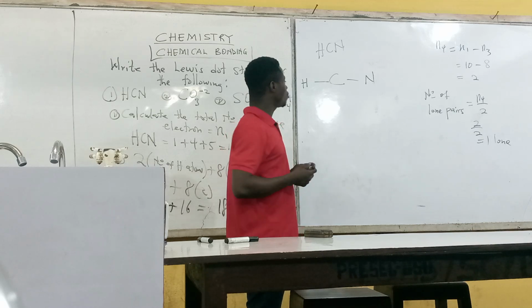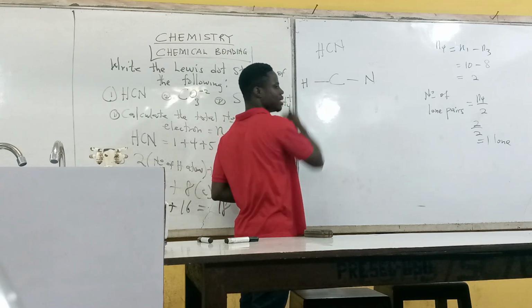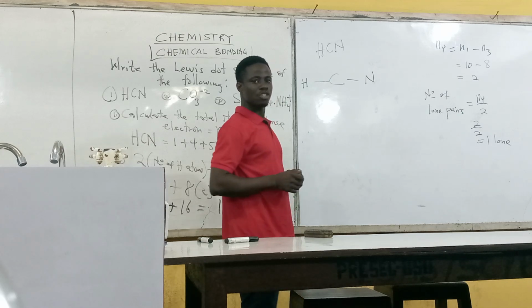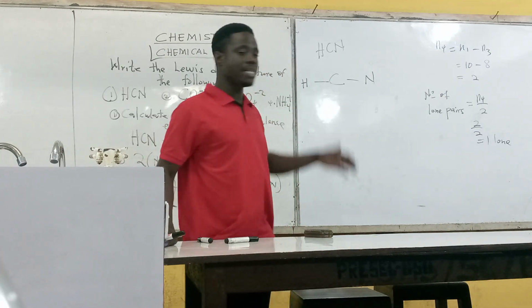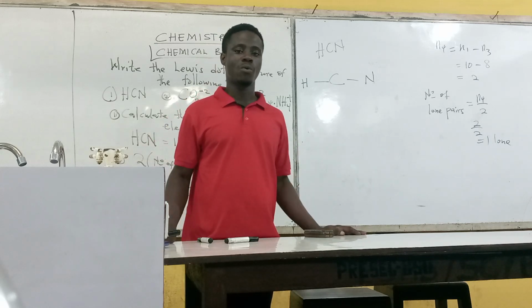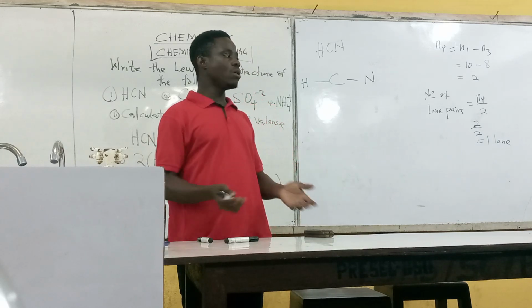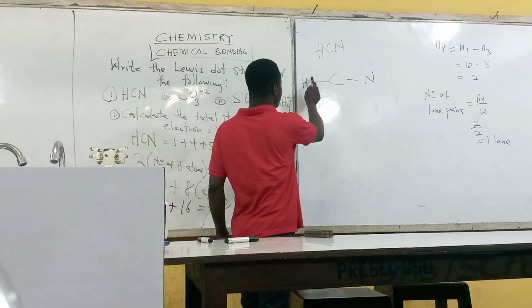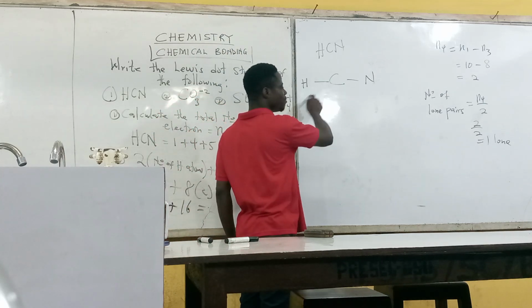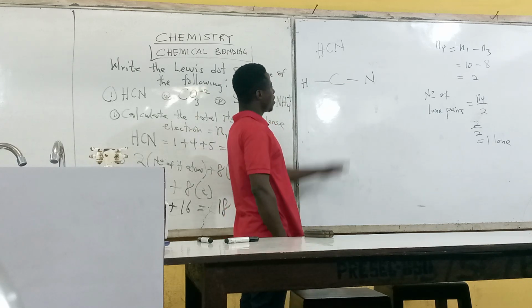But in this case, you need to be considerate. This hydrogen, its atomic number is 1. And you know, hydrogen, as you see now, is already stable. It needs only 2 instead of 8. So if you bring these 2 here, already the hydrogen is fully filled, so it does not need extra bonds.